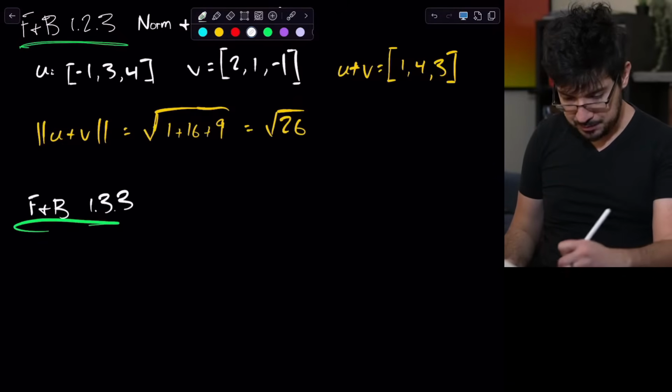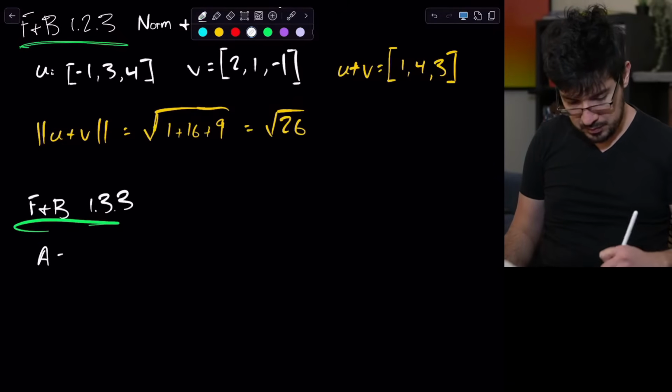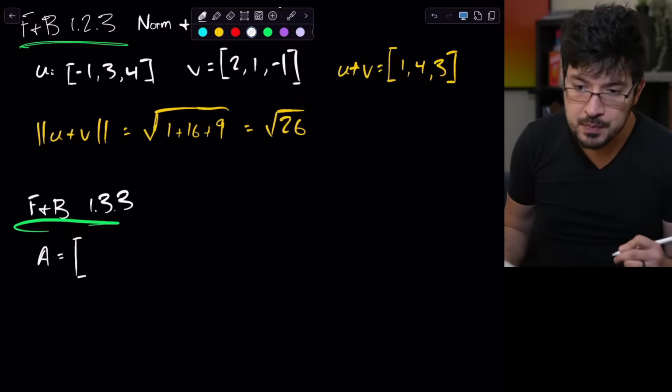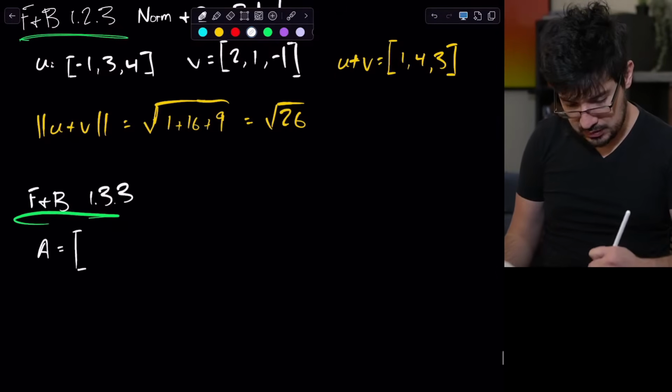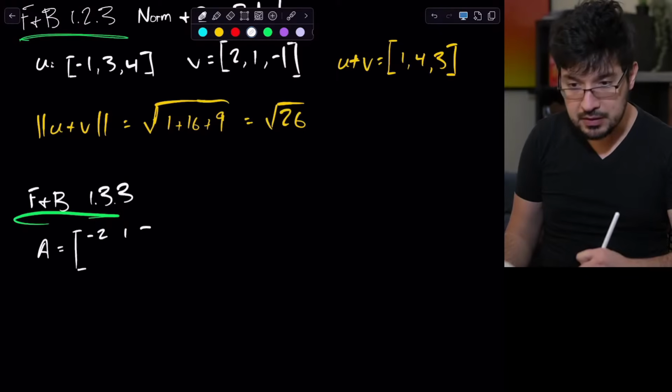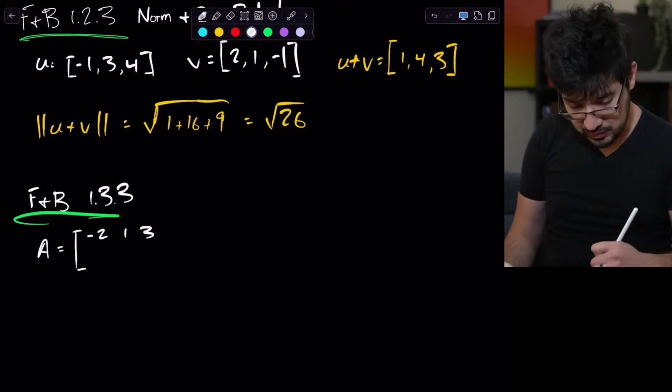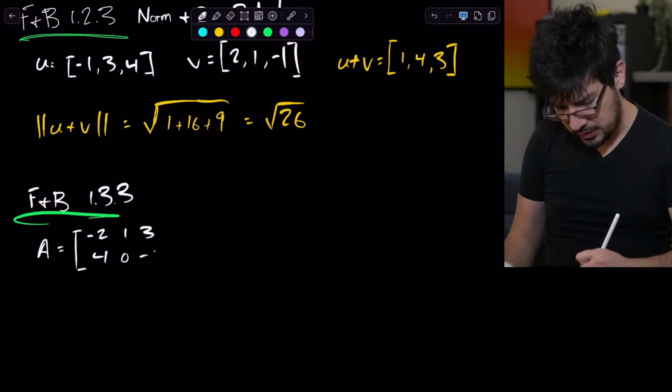1.3.3. Let's practice. In this one, A is the matrix -2, 1, 3, 4, 0, -1.